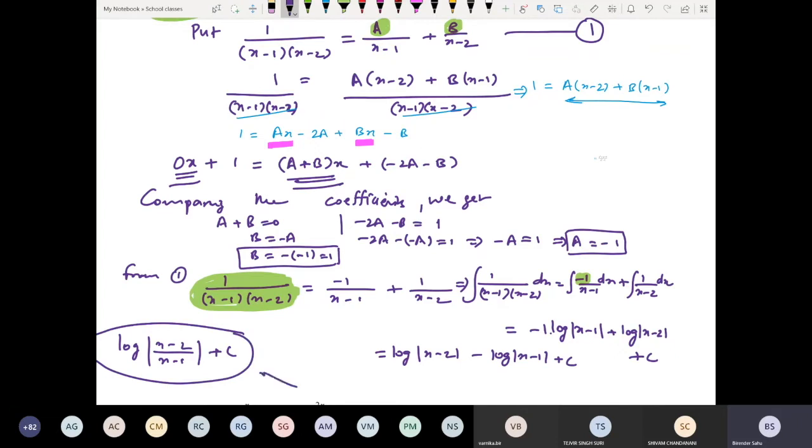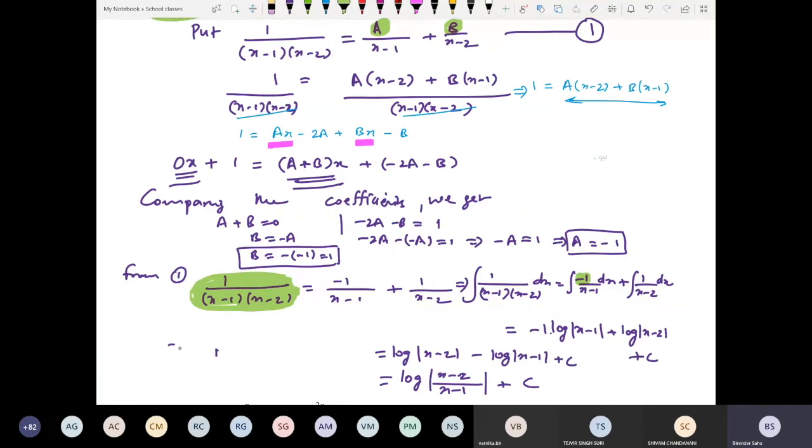So see, this and this, they both are equal. If you use the previous method, the 1 by quadratic method, the answer will be like this. See, this is the same. This is nothing but log m minus log n, which is log m by n. So students, this is the answer.